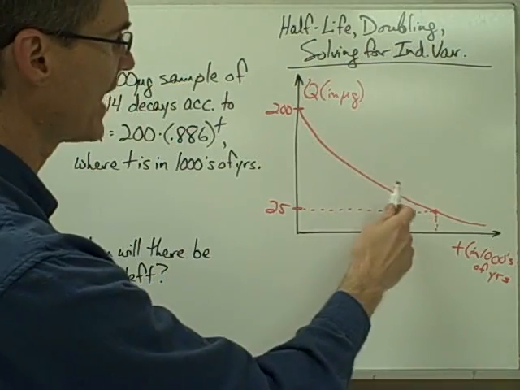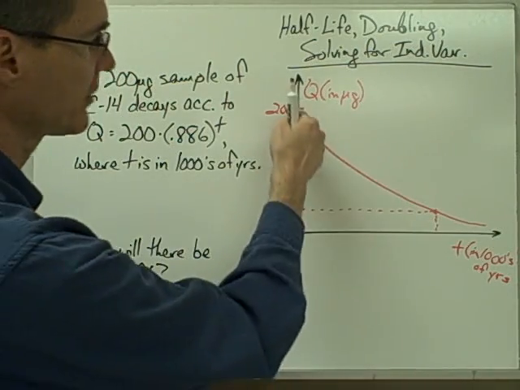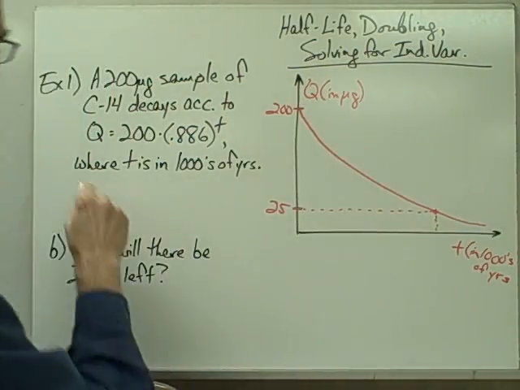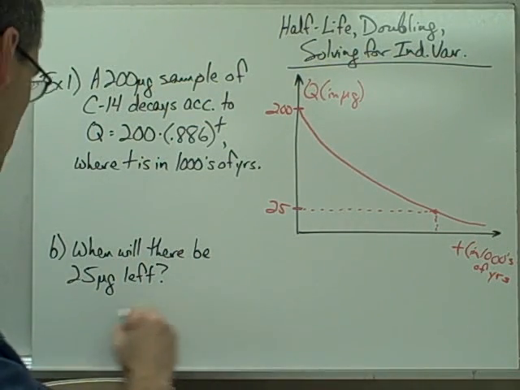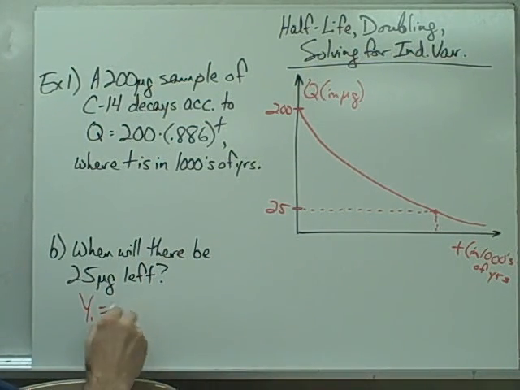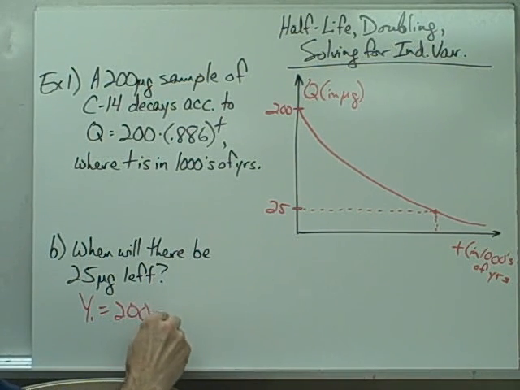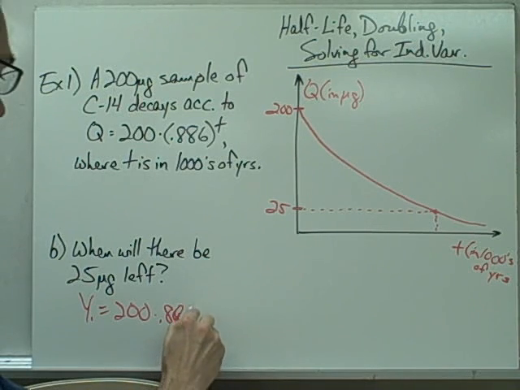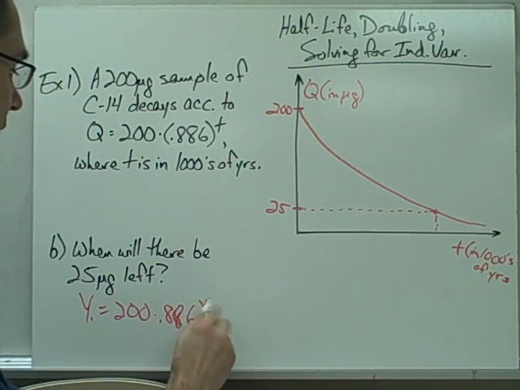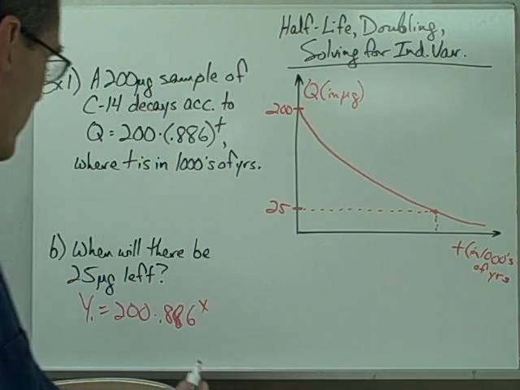Well, I can find this value by using my graphing calculator. I enter into y1 my function here, 200 times 0.886 to the power of x. x is the variable that the calculator uses.